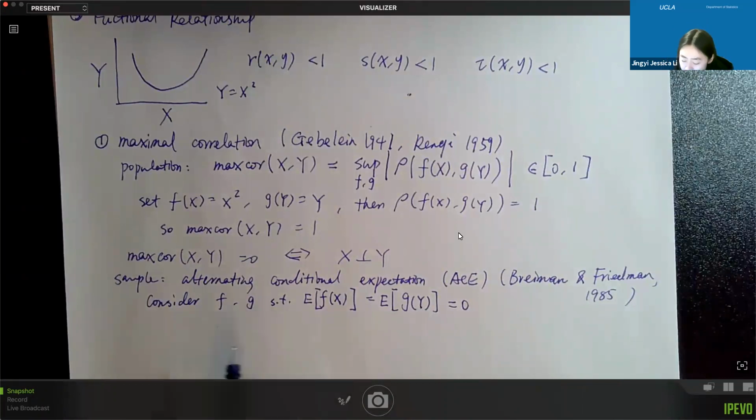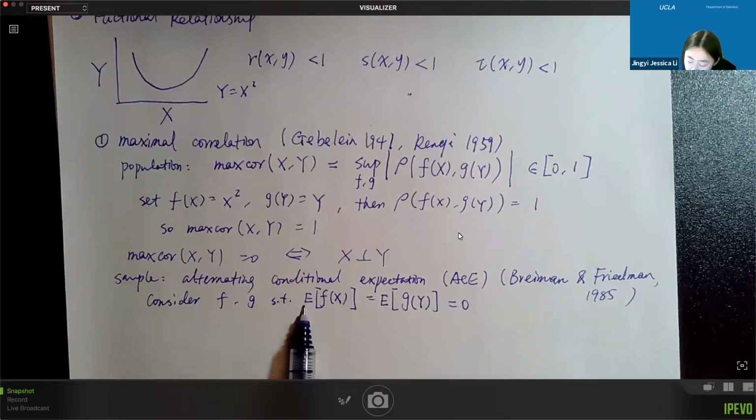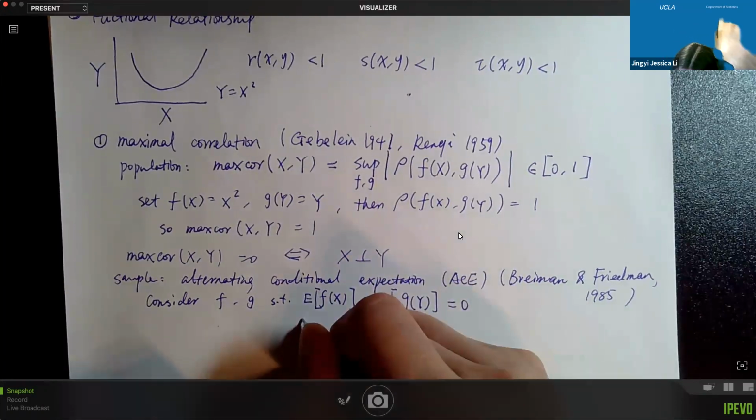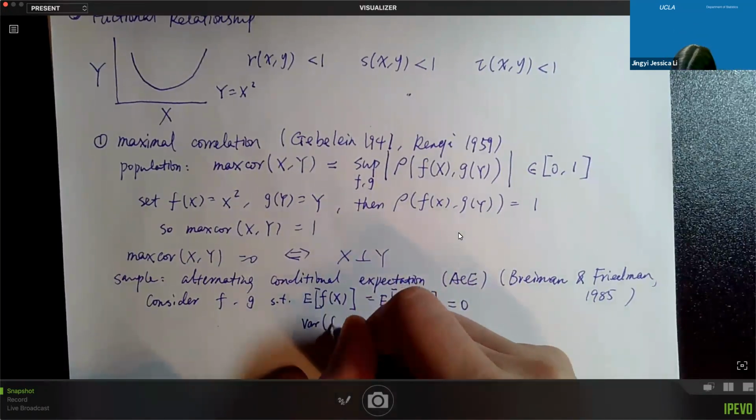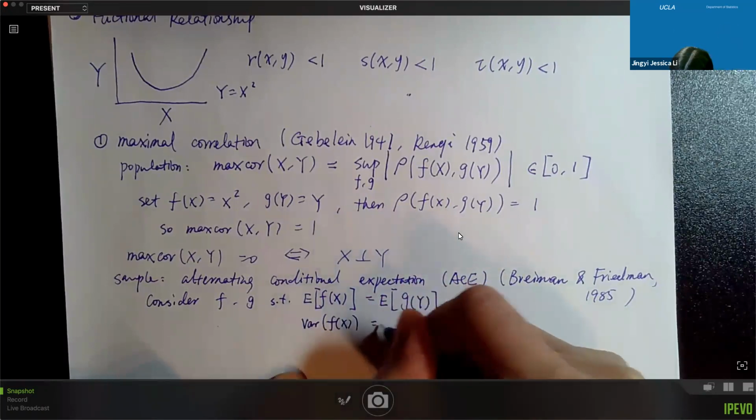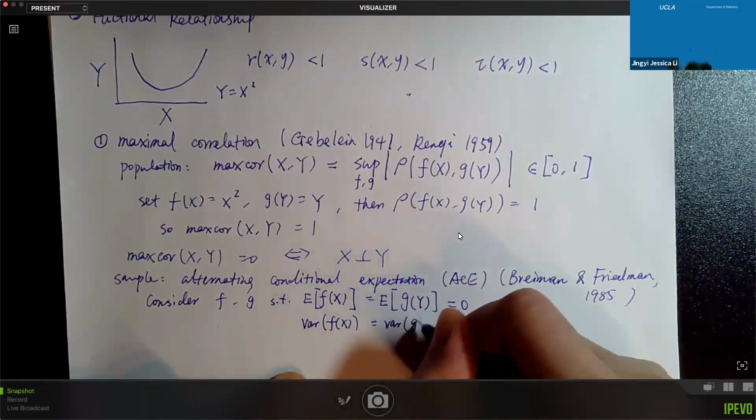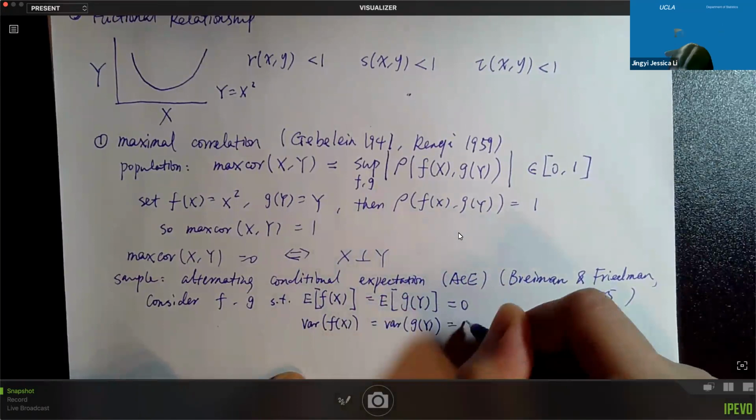For example, if the function we pick, F(x), doesn't have mean 0, we can always add a shift to F so that we can make the expectation of F(x) equal to 0. Here the expectation is for the random variable x, and this is for the random variable y. And moreover, we can do scaling. We can constrain that the variance of F(x) and the variance of G(y) is equal to 1.